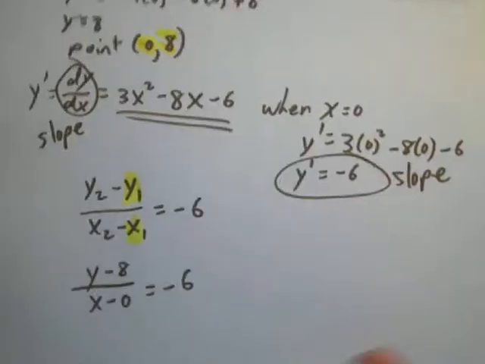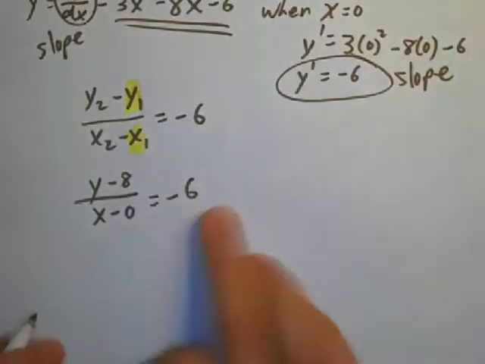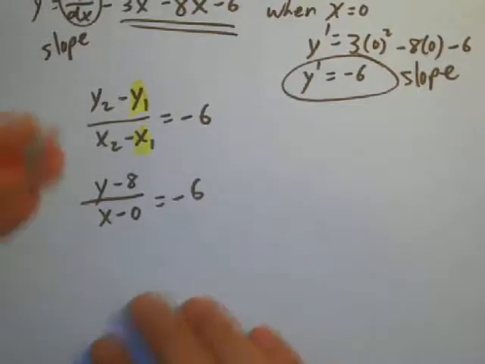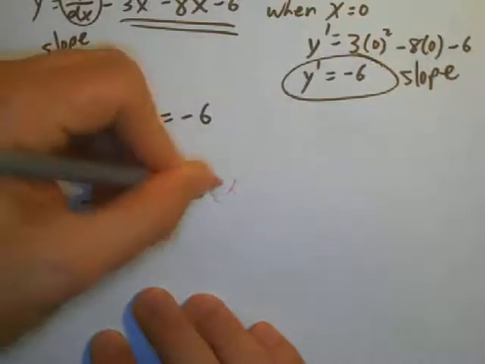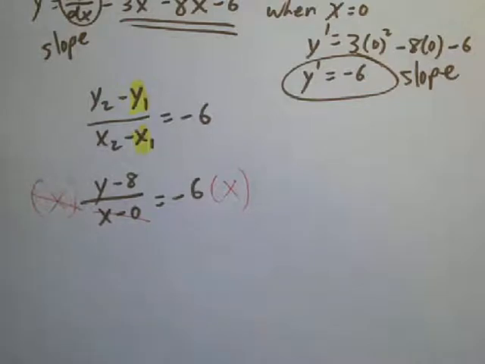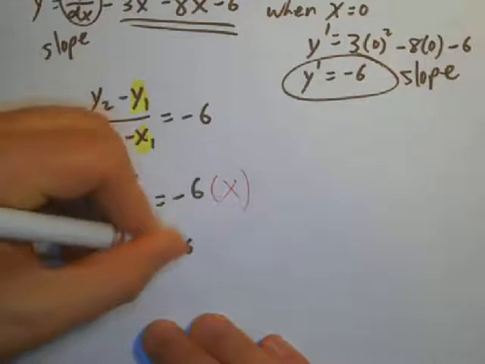Now we can simplify this. I can multiply by x on both sides of the equation, so that cancels out, and then I have y minus 8 equals negative 6x.